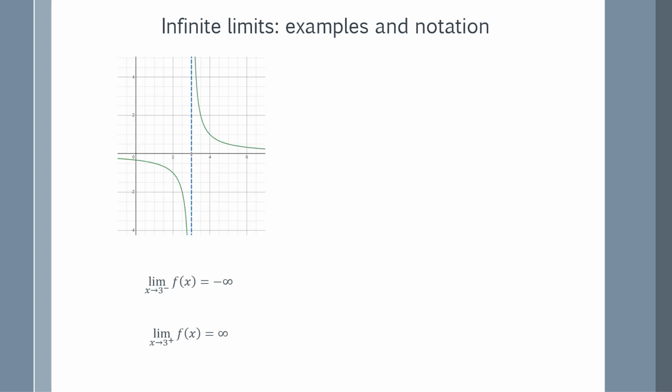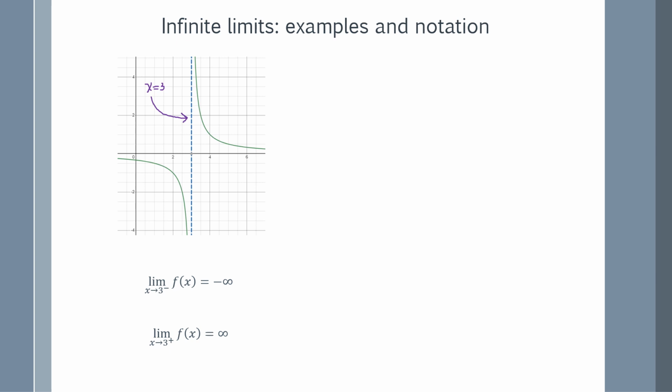We have a rational function that has an asymptote at x is equal to 3, and that's demonstrated by this vertical line. x is equal to 3 is a point that's not in the domain of this function. That is where the function is undefined. Having said that, we can still talk about the behavior of our function around 3.